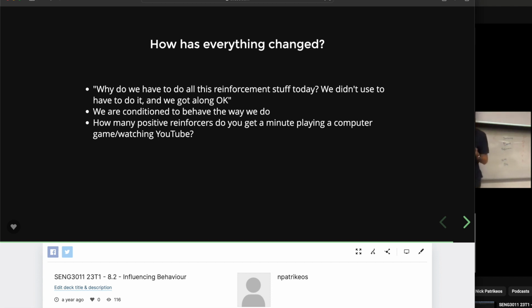There's a very short feedback loop that is positive, immediate, certain. It's no wonder kids have trouble concentrating in class. Think about the amount of reinforcers they get in a classroom compared to when playing a computer game.